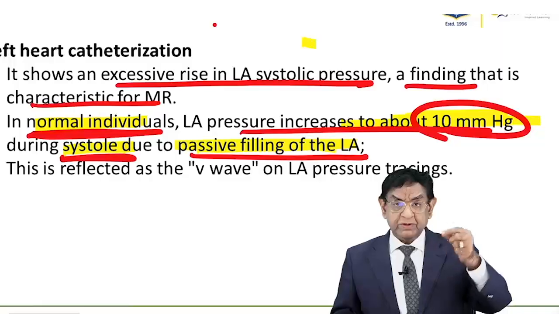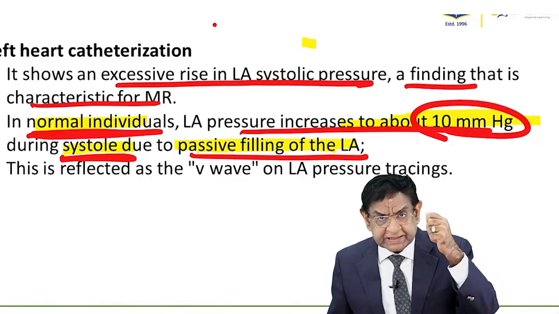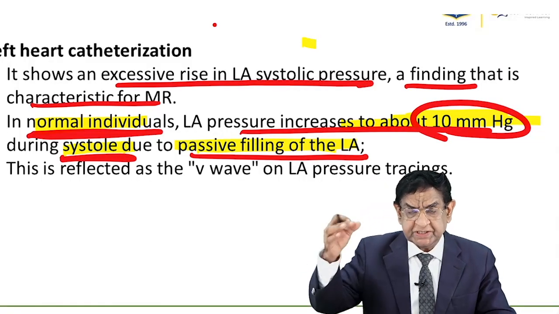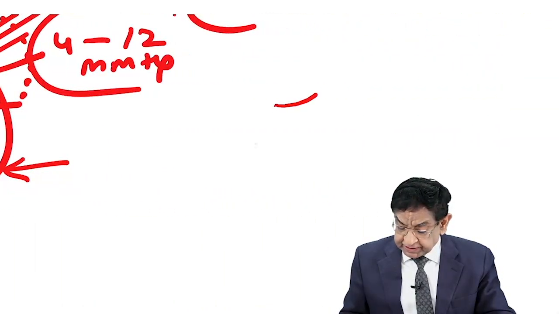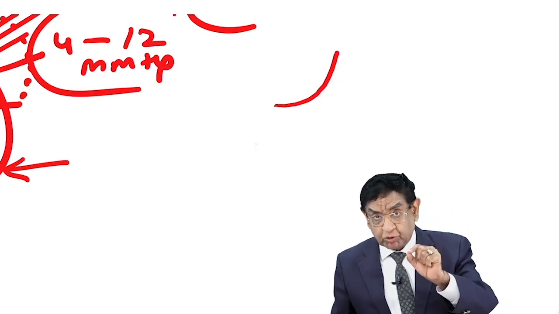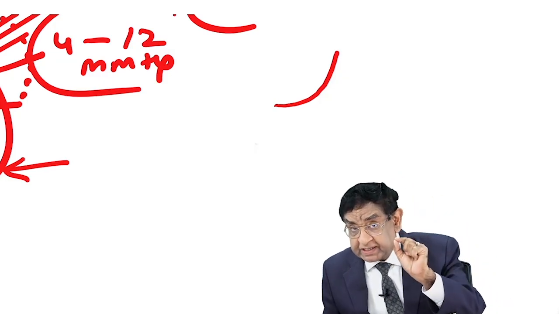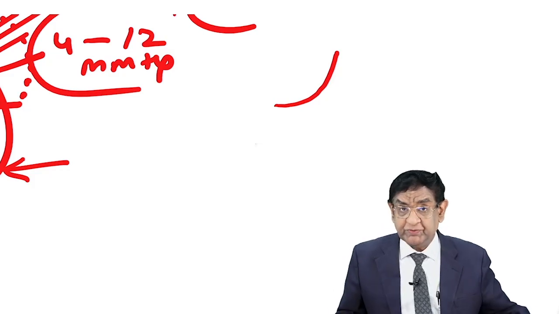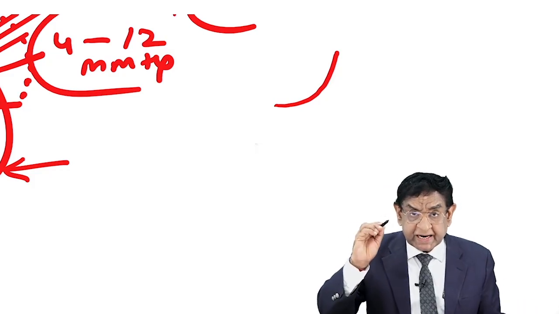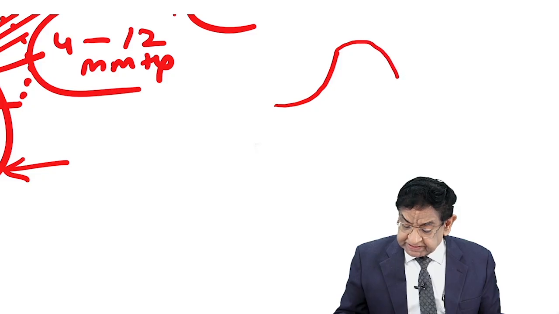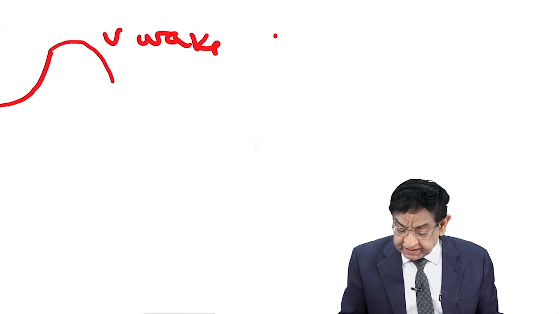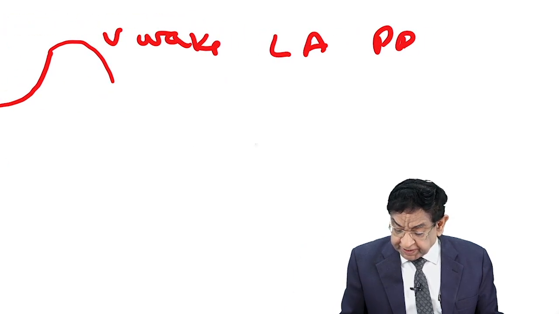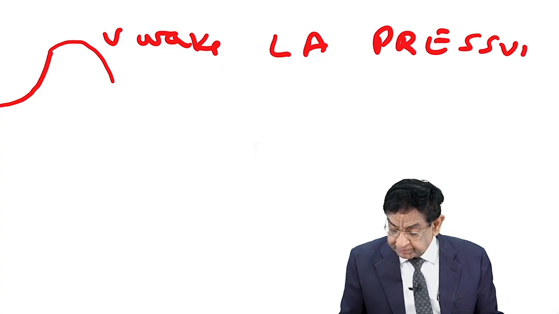Now, suppose during catheterization we take a tracing of the pressure changes. Well, this is 4 millimeter mercury during systole. Systole means ventricular systole. But just to remind you, when the ventricle is in systole, atria are dilating. So we will be getting passive return of the blood, and that we record as the V wave in catheterization, in left atrial pressure recording.